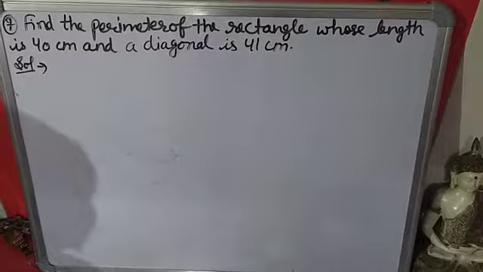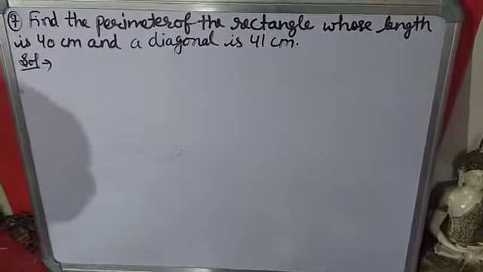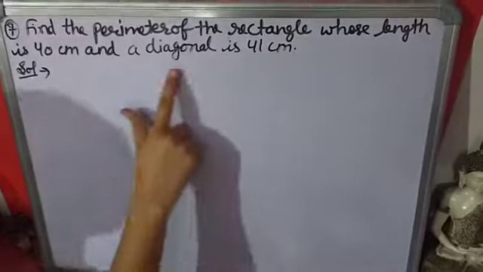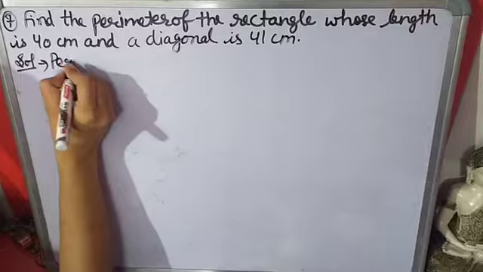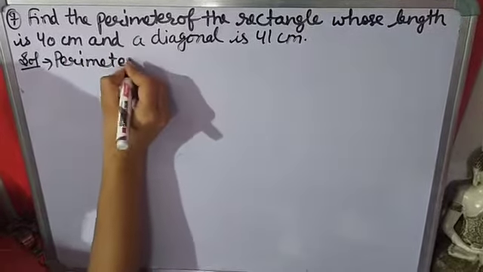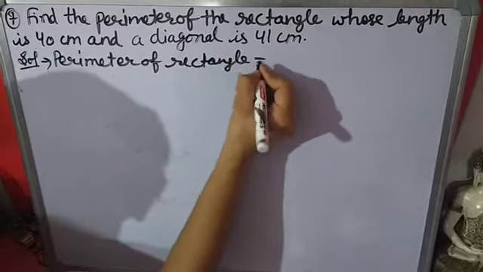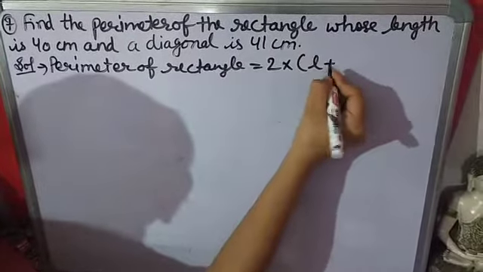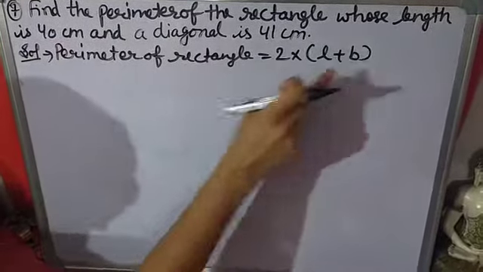Yes, seventh question is find the perimeter of the rectangle whose length is 40 centimeter and the diagonal is 41 centimeter. You have to find perimeter of rectangle. So what is the formula of perimeter of rectangle? That is 2 multiply length plus breadth. But in this question we know length, we don't know breadth.